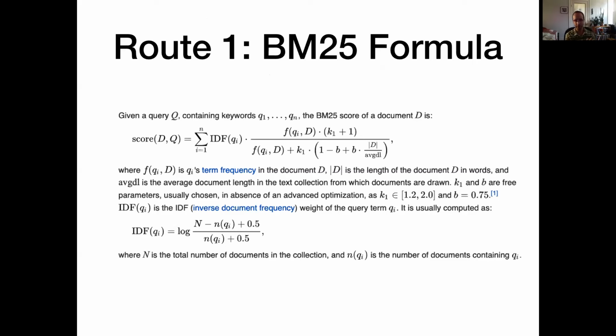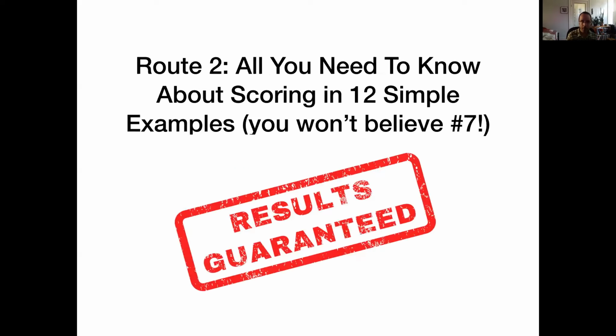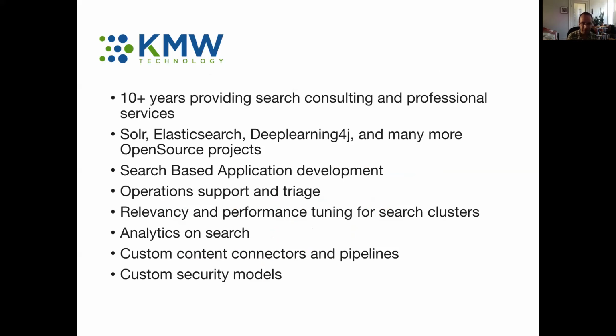It's a rather complex formula. It is possible to understand, but it takes a little while. Route two is this talk where we hope to teach you all you need to know about scoring in 12 simple examples. I think it was advertised as 6 examples, but it has been increased to 12 examples. And we're offering a money-back guarantee for this presentation. So results are highly guaranteed.